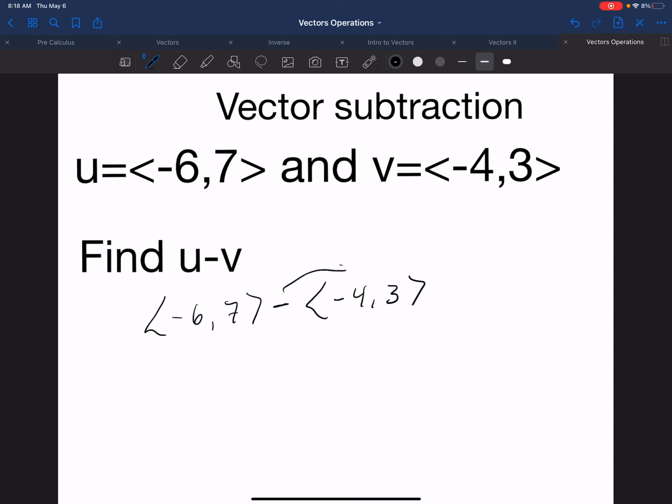Think of this as a distributive property, distributing the negative to both of the components. So that will be -6, 7, and then change it into a plus sign. So negative times -4 will give me +4, and then negative times 3 will give me -3. Some people like to do this, that way they don't forget to distribute the negative to both.